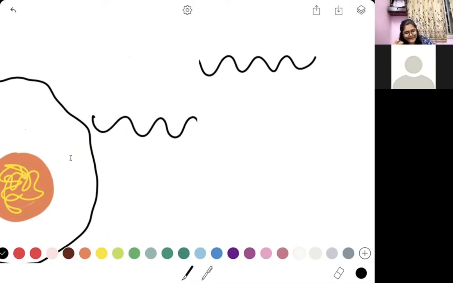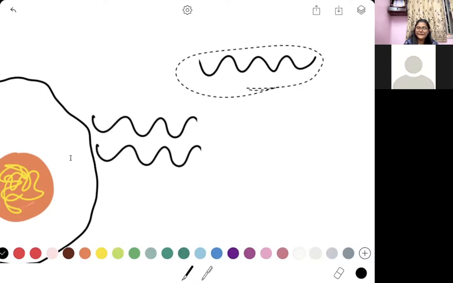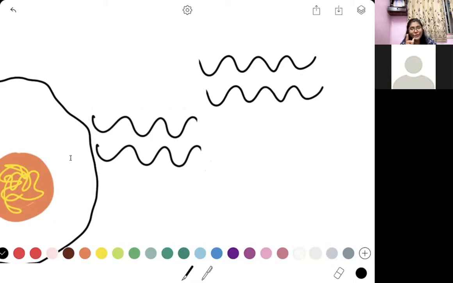These smaller pieces of your DNA are going to get replicated. So there is one piece of DNA here that is going to make two copies. There is one piece of DNA here that is going to be duplicated. So now where you had one set of information, that set of information has been copied and duplicated.